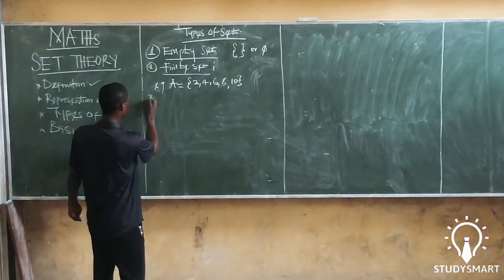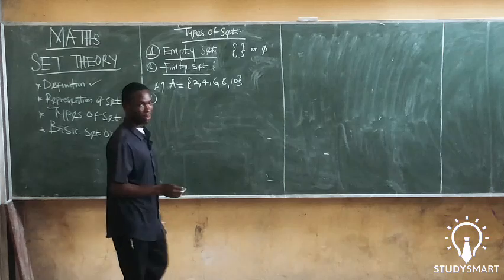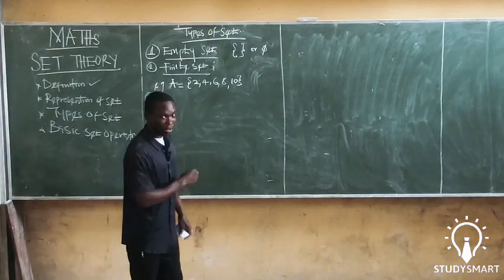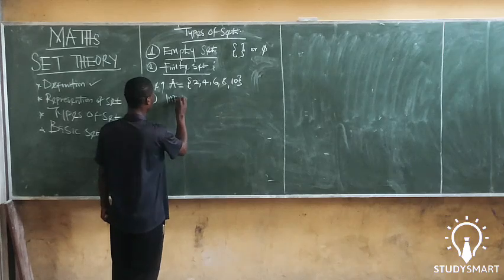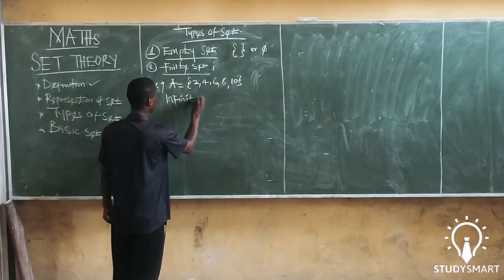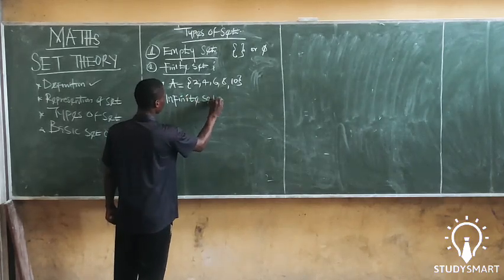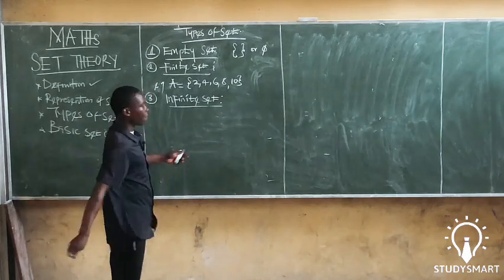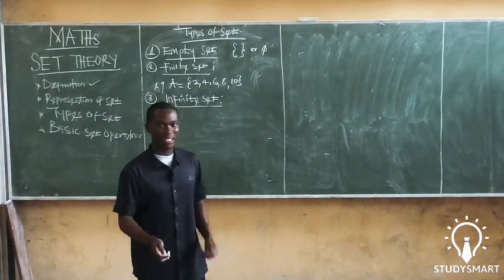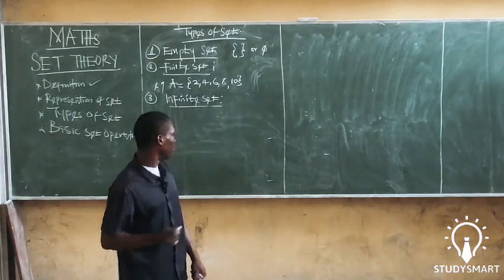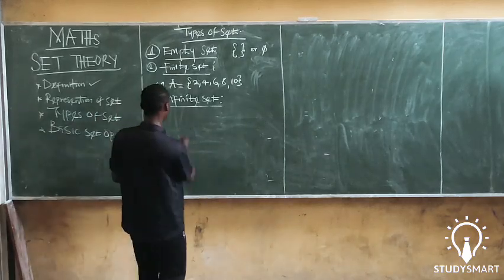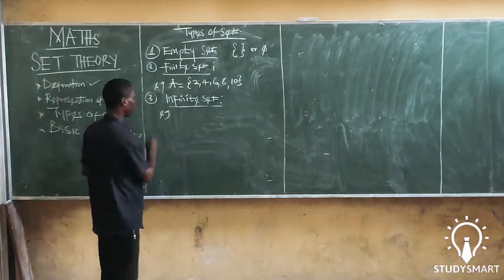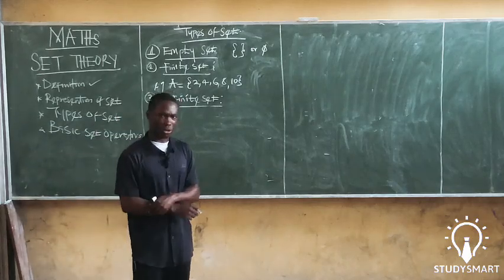And then we are going to be talking about the third type of set, which is the non-finite set or the infinite set. An infinite set is a set with an unlimited number of elements. For example, a set of all natural numbers.